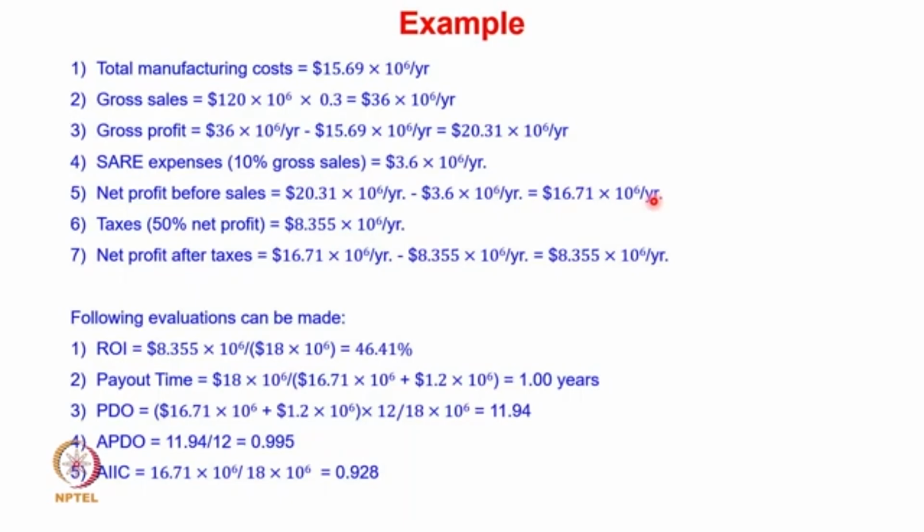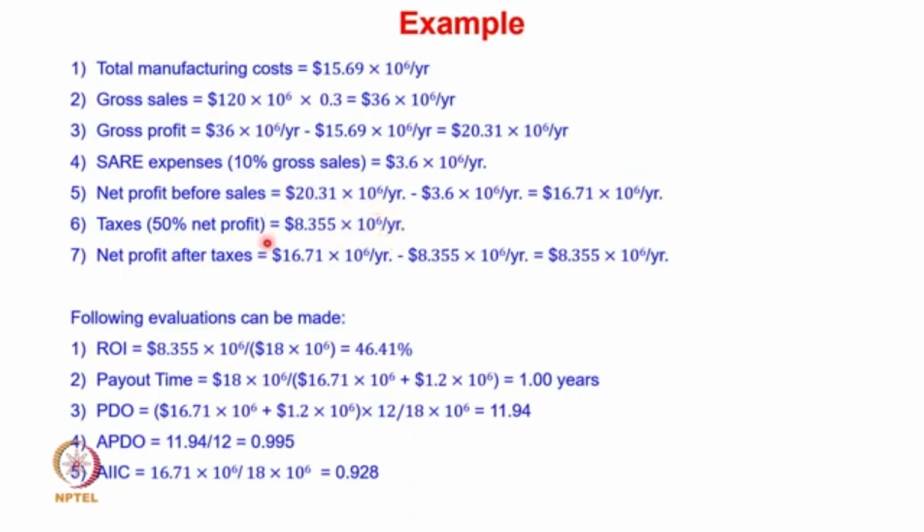Now we can consider the taxes. Remember this net profit before sales is excluding the taxes, isn't it? So if we include the taxes, in that case the 50%, let's say the taxes are there. So taxes, if we take the 50%, then 16.71 into 10 raised to power 6 into 0.5 will give us 8.355 into 10 raised to power 6 dollars per year.